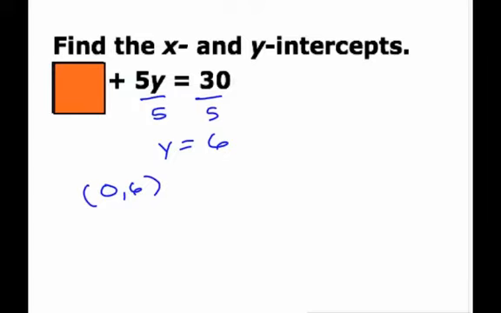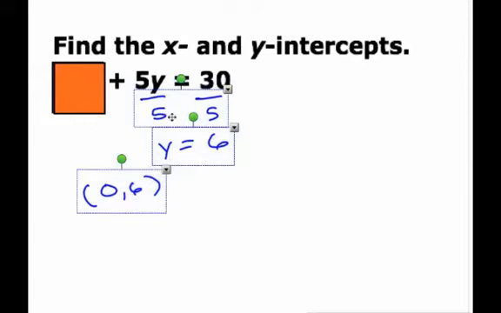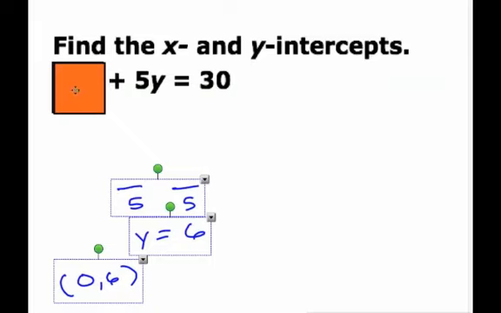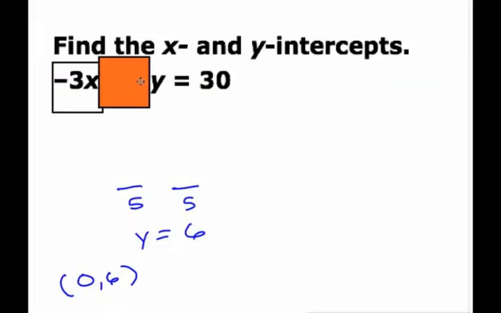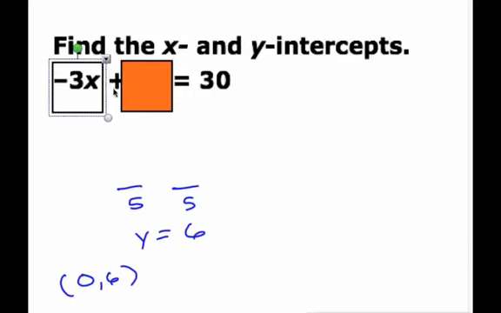And I can use the same cover-up method. If I take my box and move it over the y now, and I want to solve for x, I'm left with negative 3x equals 30.